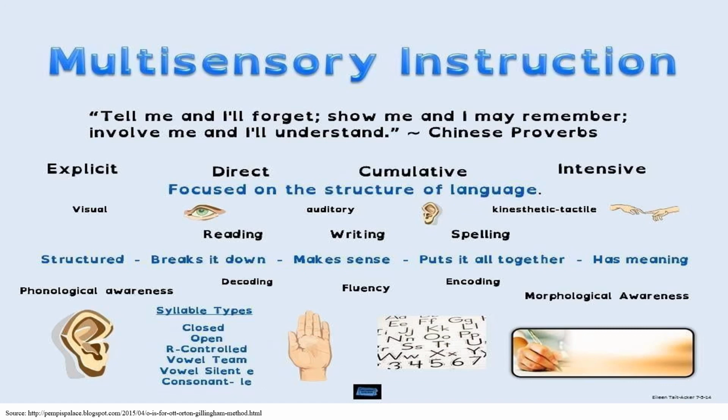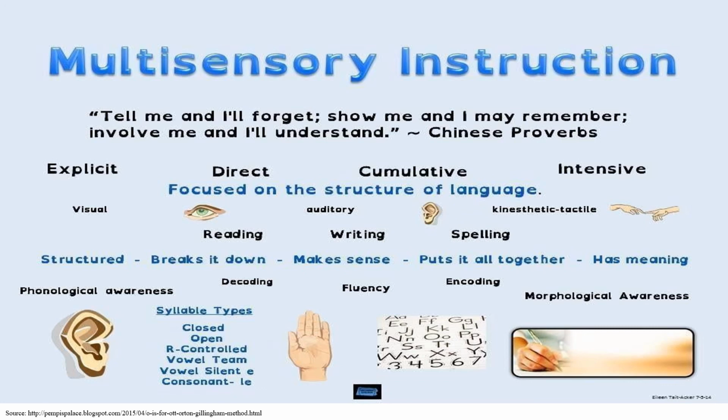Because of all these aspects, a child who has difficulty with academics or language or with learning words can develop phonological awareness, learn to decode, develop fluency and learn to encode also, based on morphological awareness. Here, all the aspects of the language are taken into consideration.